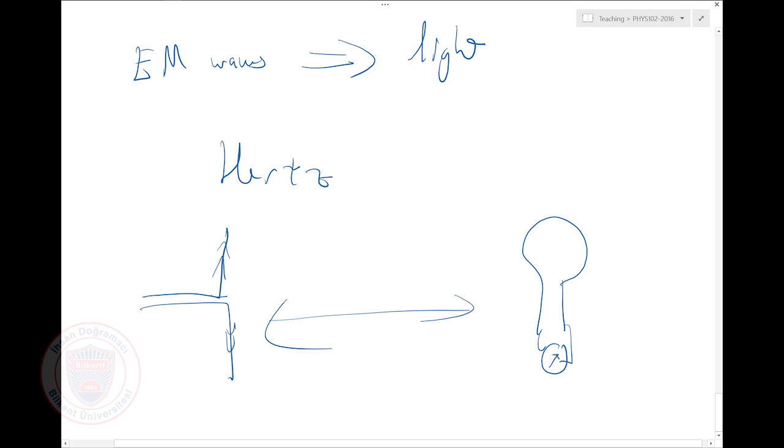He detected a voltage at the same frequency he was supplying from one end. So he actually demonstrated electromagnetic waves can be generated and they can be received by wires.